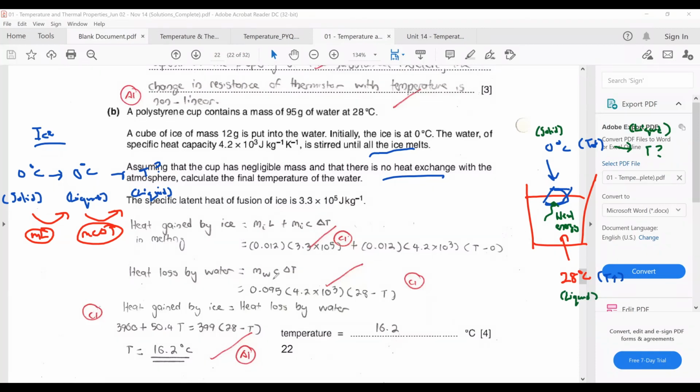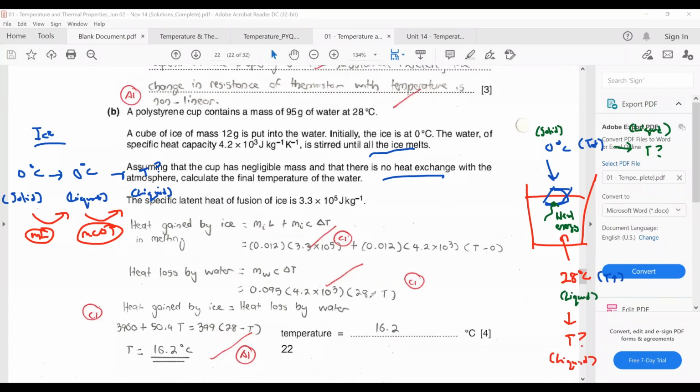Mass of ice multiplied by specific latent heat, plus mass of ice multiplied by specific heat capacity times change in temperature. The change in temperature is actually the unknown temperature T minus 0. That's all. Heat loss by water is just going to be some unknown temperature T, also at liquid, right?